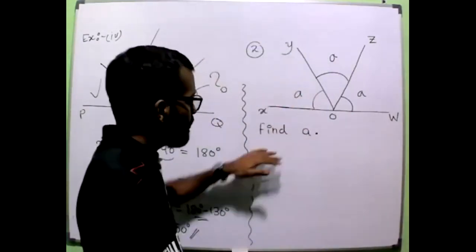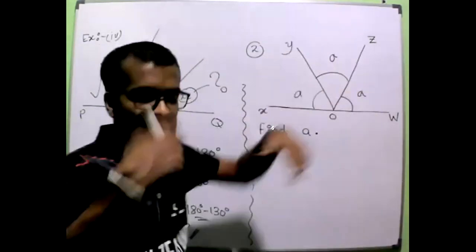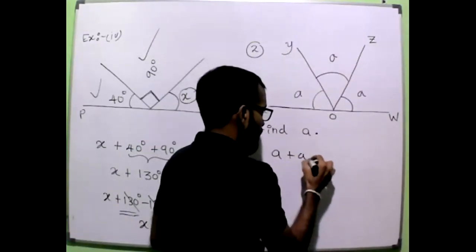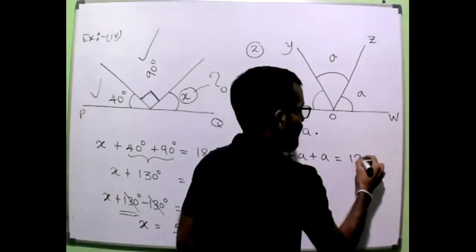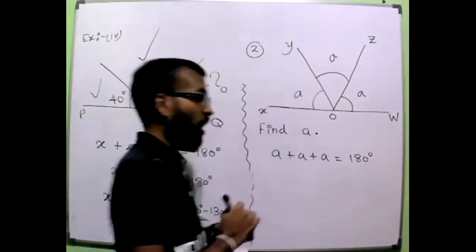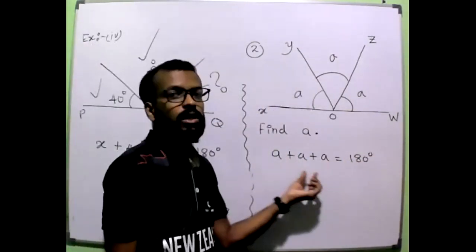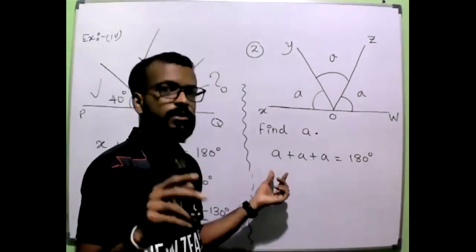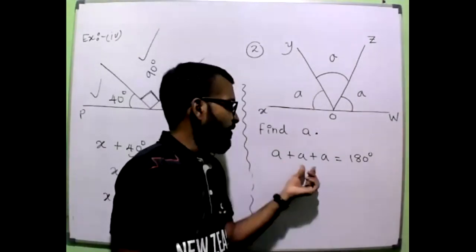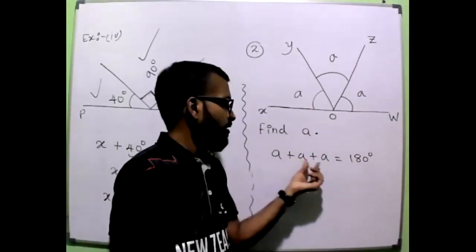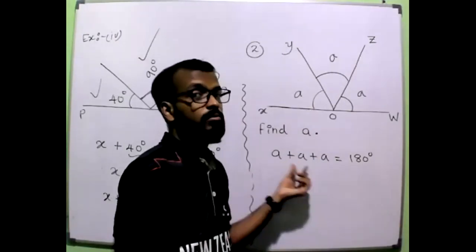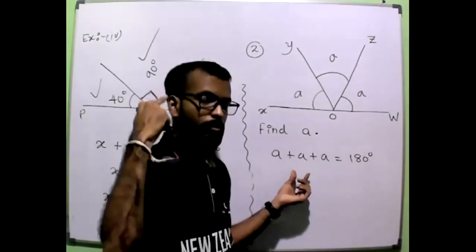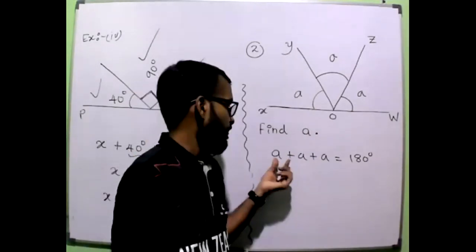Here you can find adjacent angles like previous, A plus A plus A. So you can write A plus A equals 180 degrees. Similar terms. No one can say I haven't done this lesson, I mean, not the new guys, but the old guys.